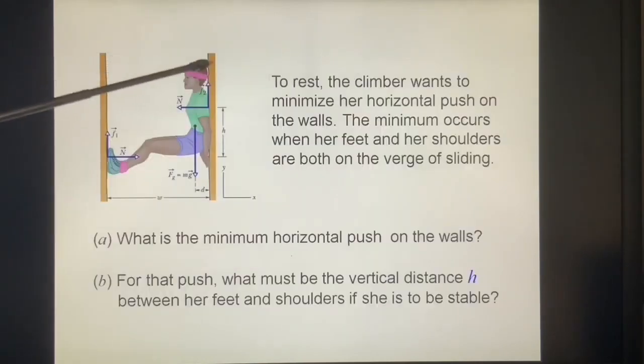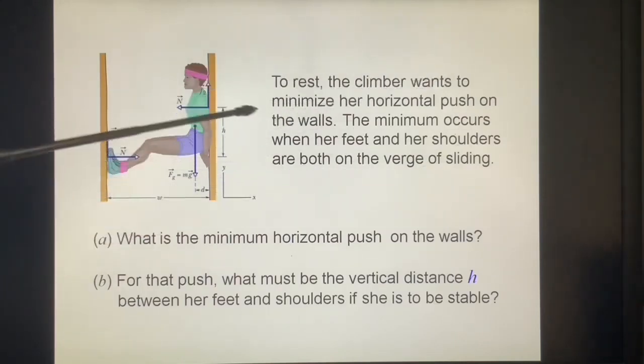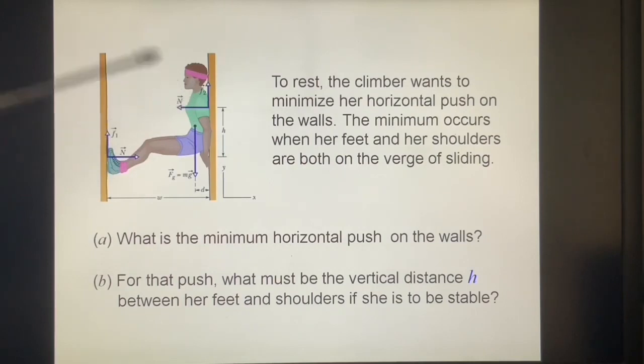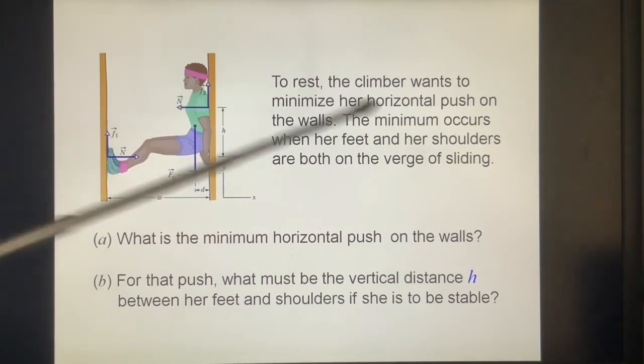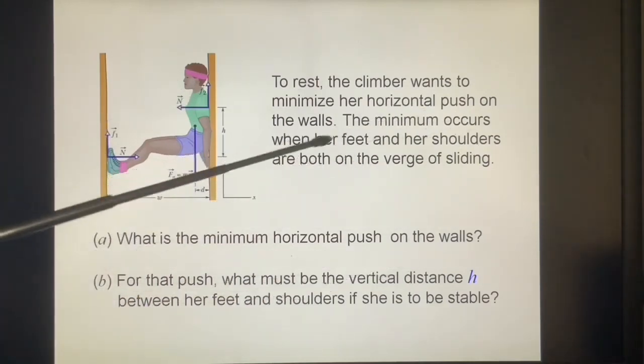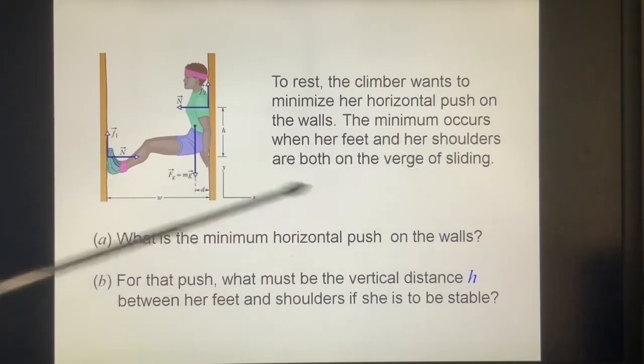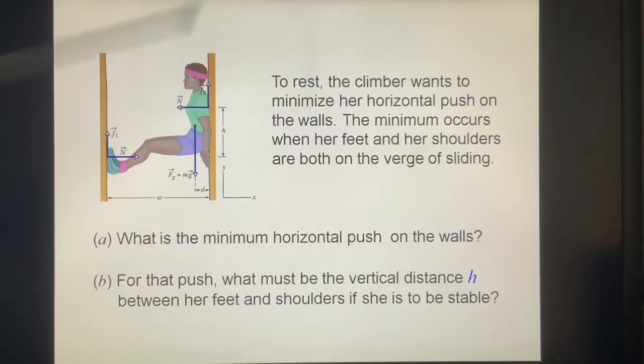To rest, the climber wants to minimize her horizontal push on the wall. What is this push on the wall? The minimum occurs when her feet and her shoulders are both on the verge of sliding. If you push harder than that, you stick.